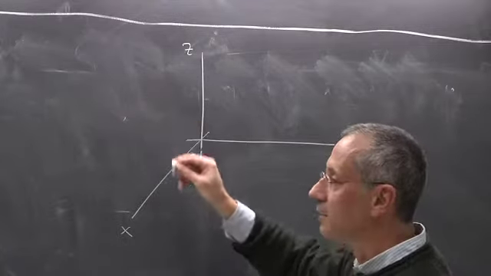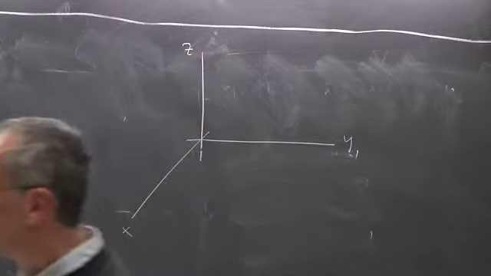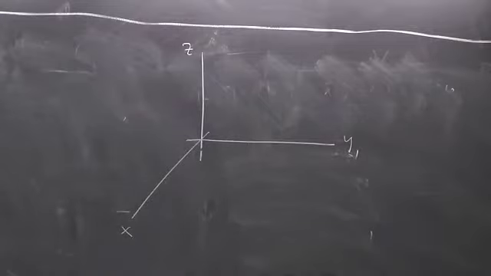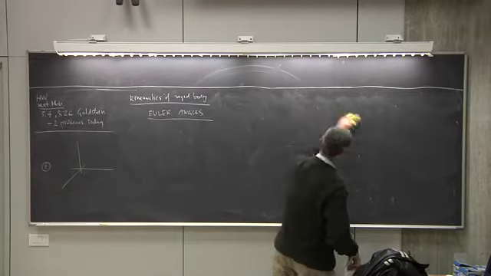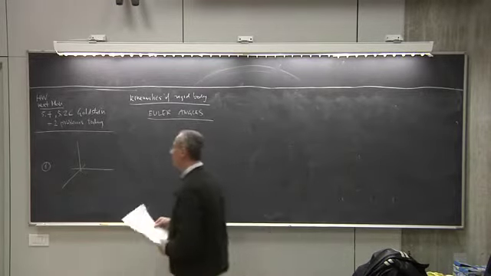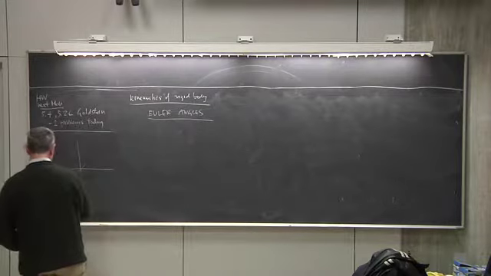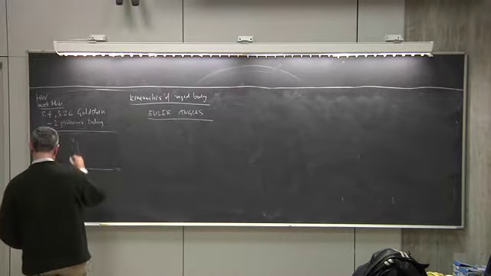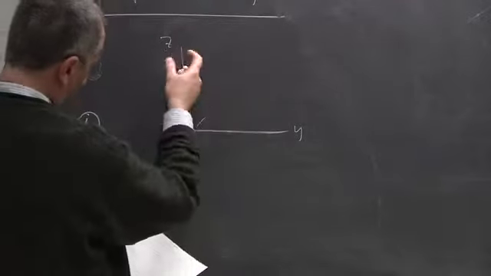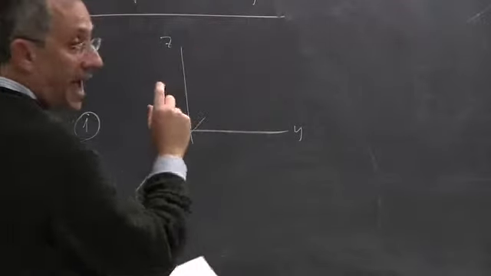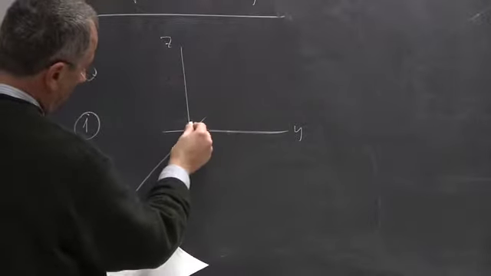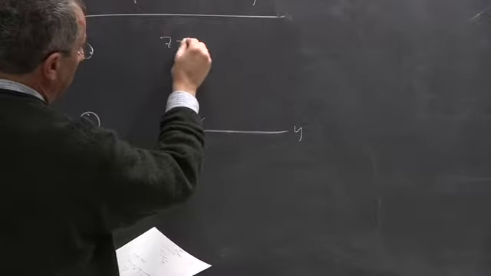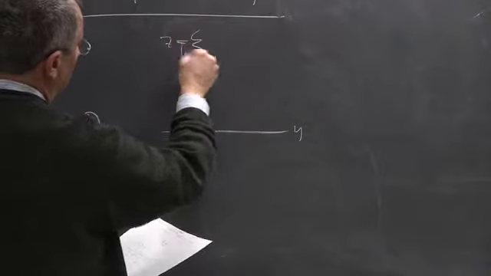So step 1, so maybe I should go this way. So first angle, I start from x, y, and z. Now I rotate about the z-axis, okay? So I take this and I rotate up. So this remains the same, and I call it now theta.